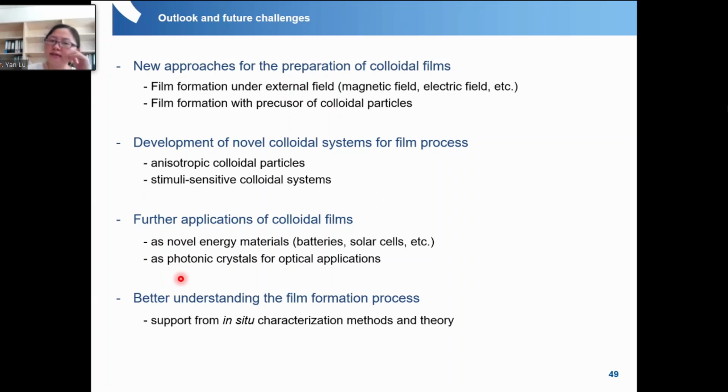And for understanding of this formation process, it will be nice to have operando or in situ methods, so that during the formation of the film, you can combine it with in situ characterization methods to understand the whole process. Theory and simulation are also an important aspect to understand the mechanism behind the film formation process.